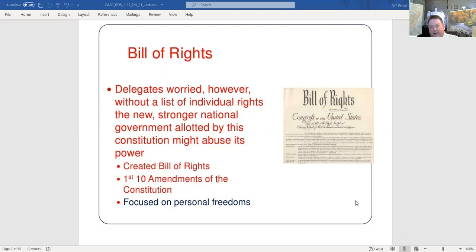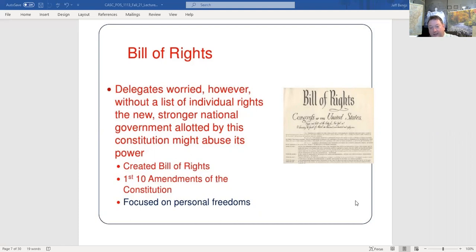We can look at it this way. The concept of federalism made sure that the state governments were protected from an abusive national government. The Bill of Rights was put into place to protect individuals' rights.